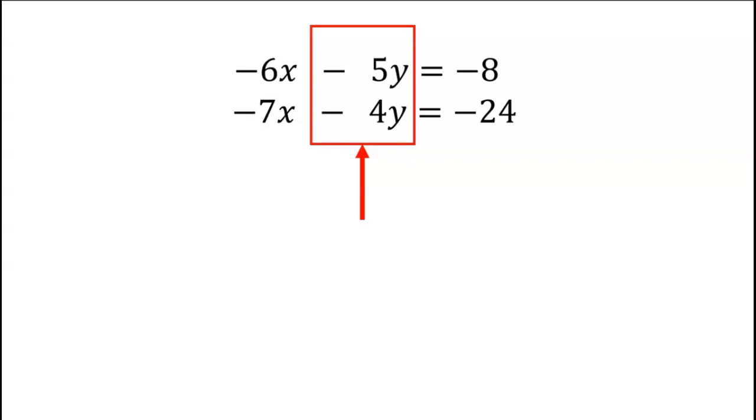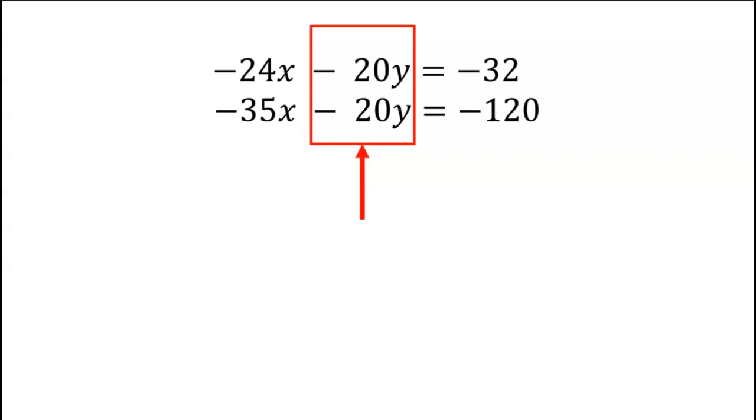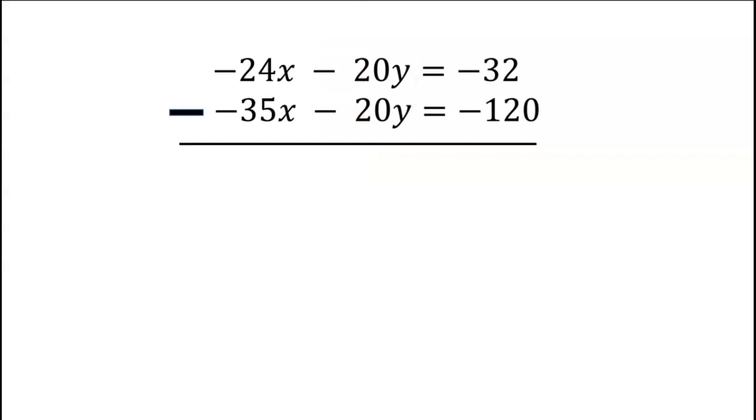When I multiply the first equation by 4, it turns into negative 24x minus 20y equals negative 32. And now multiplying that second equation by 5, I will have negative 35x minus 20y equals negative 120. The middle column is the same, and both of them are negative, which means we are going to subtract the two equations from each other.